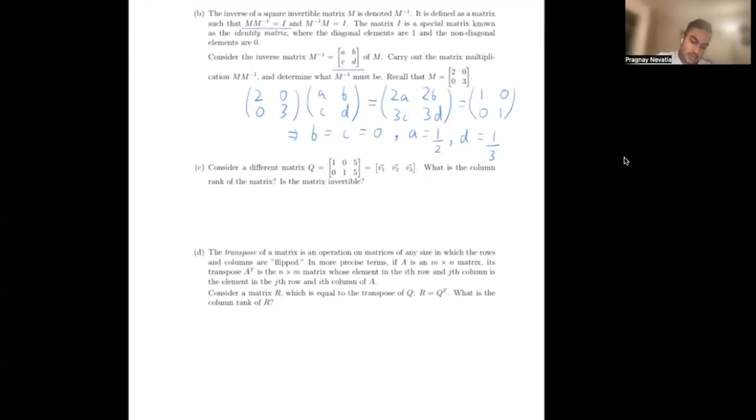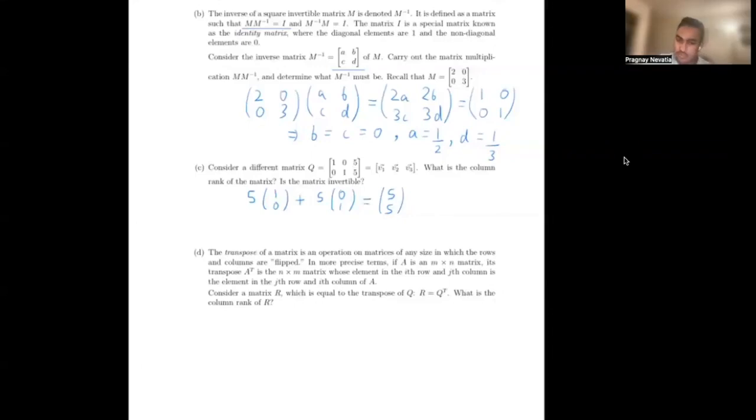Moving to part C. You have a matrix Q, and you're asked to find the column rank of the matrix. Just by looking at Q, you can tell that if you multiply the first column by 5 and the second column by 5 as well, you can get the third column.